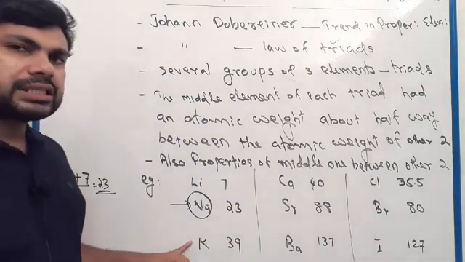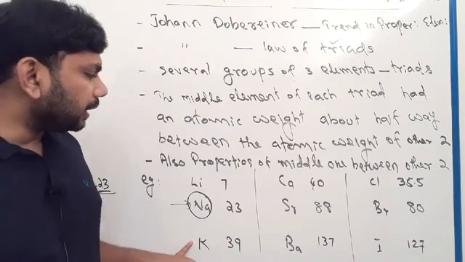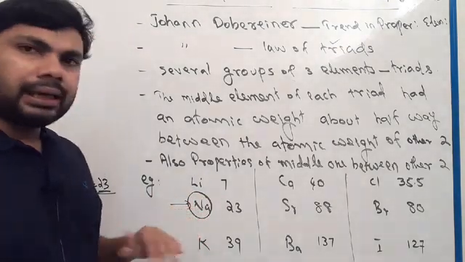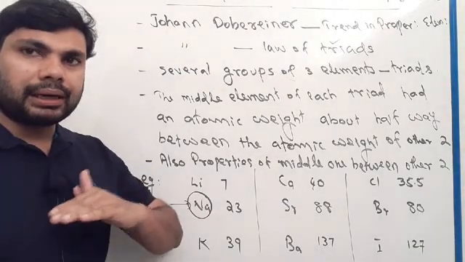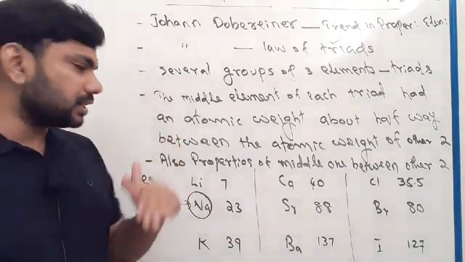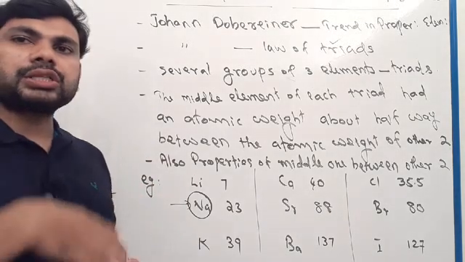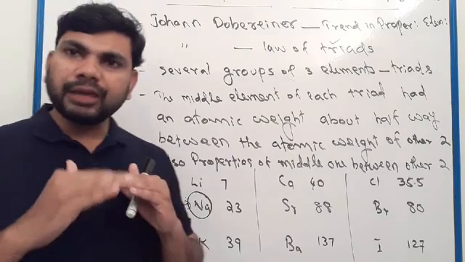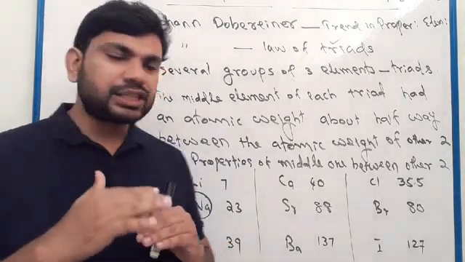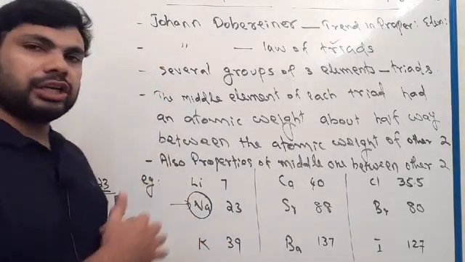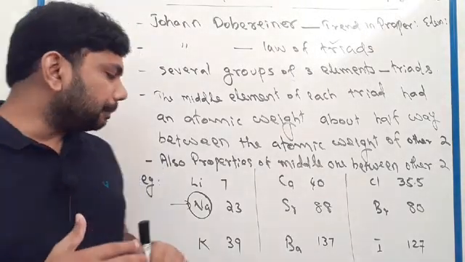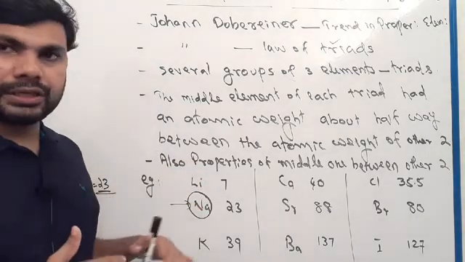For example, potassium is highly reactive and lithium is comparatively less reactive. So sodium will be the average or middle of these two, not highly reactive, not unreactive, between lithium and potassium. So its atomic weight is the average between potassium and lithium, and its properties also come in the middle of these two elements.